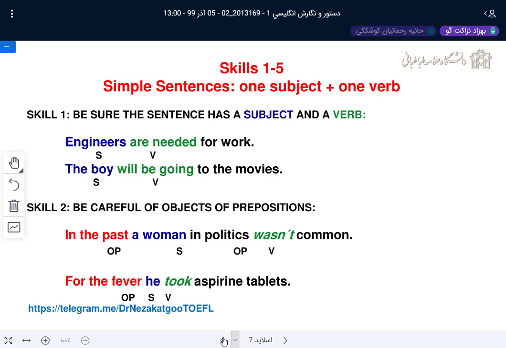Number two. Be careful of objects of prepositions. In the past, a woman in politics wasn't common. Look, in the past, in is a preposition, the is the noun marker, so the past is the noun.